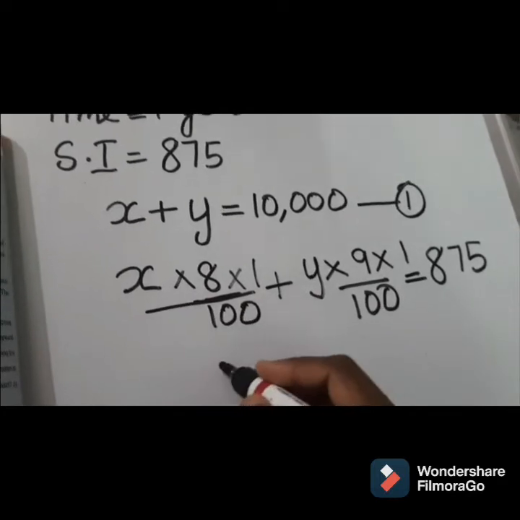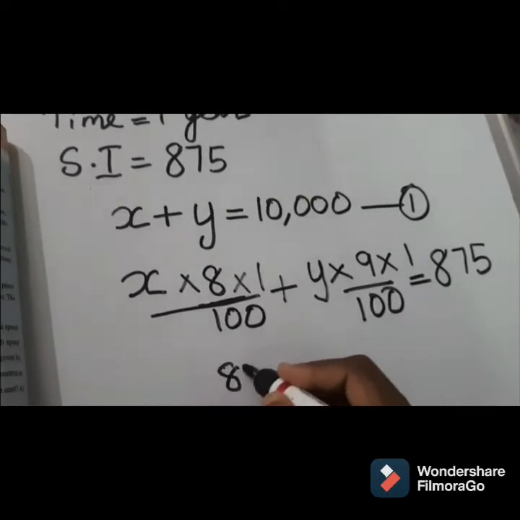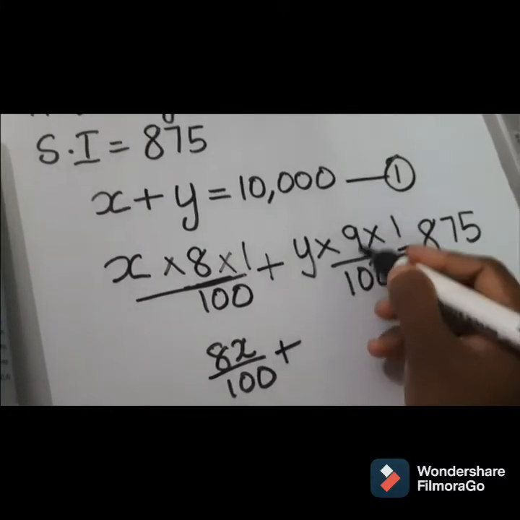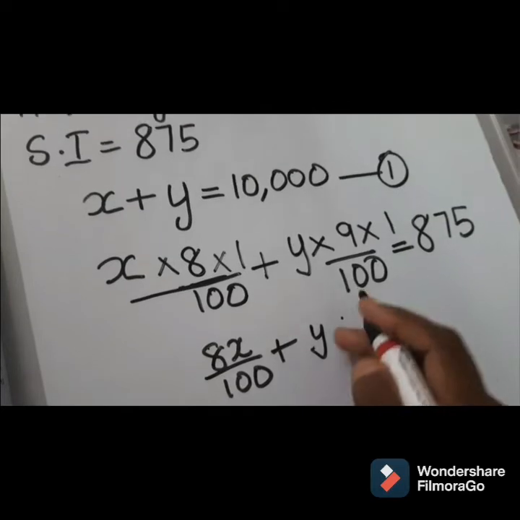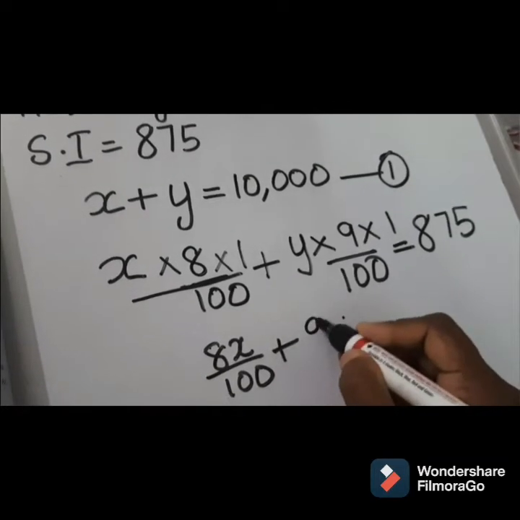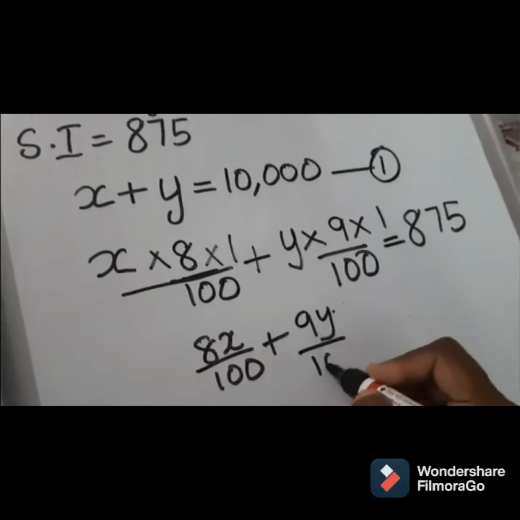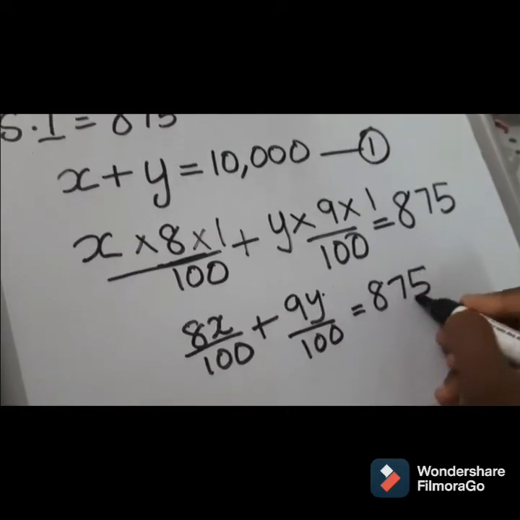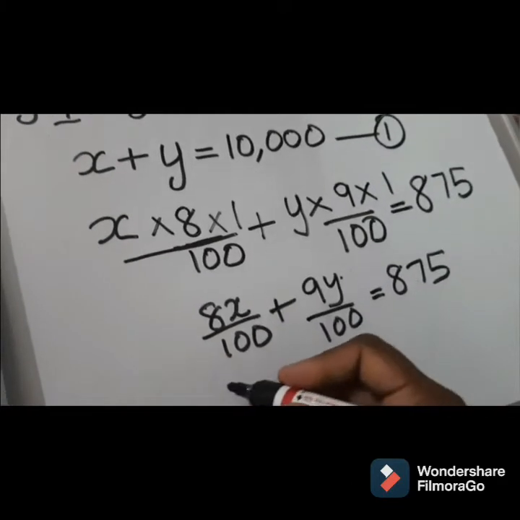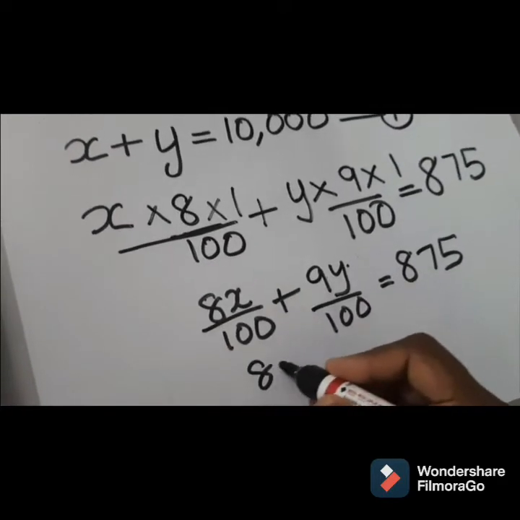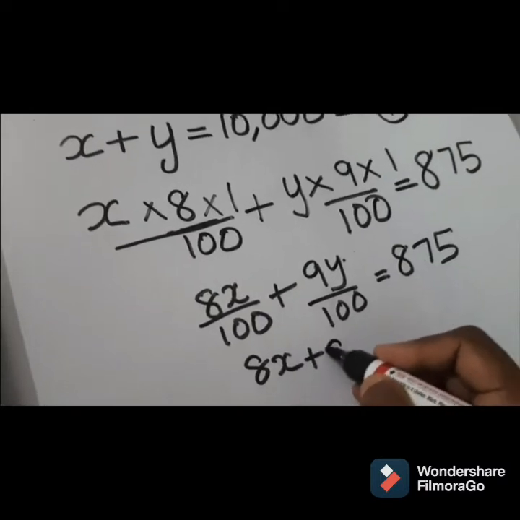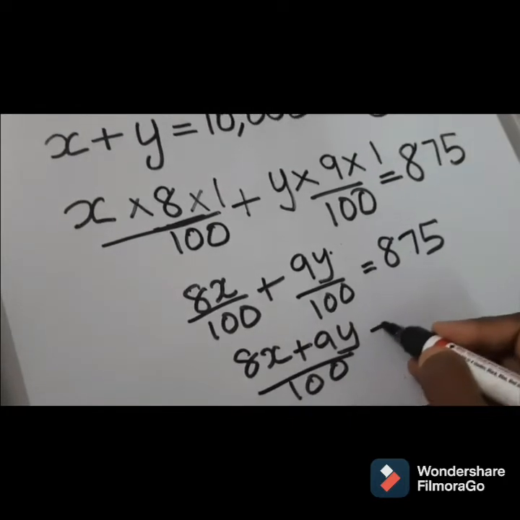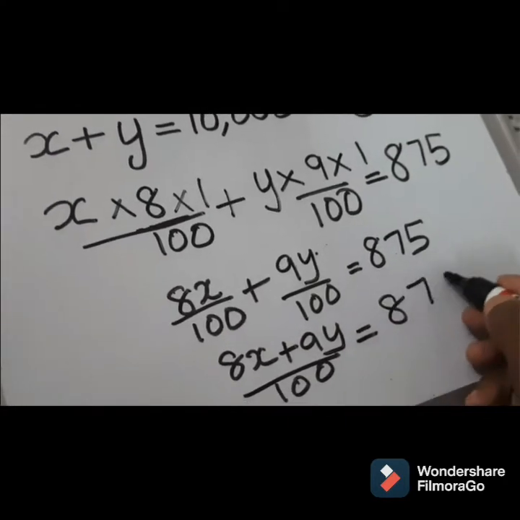Now, we can simplify this. 8 into X, 8X upon 100, plus Y into 9, 9Y upon 100, that is equal to 875. This 100 denominator both are same, we can take 8X plus 9Y upon 100 is equal to 875.